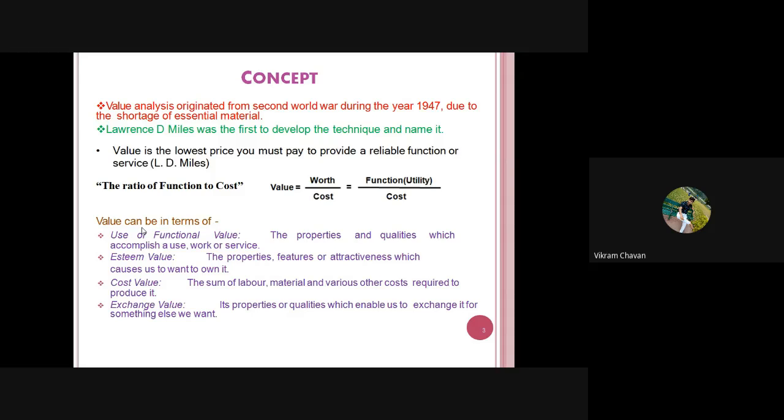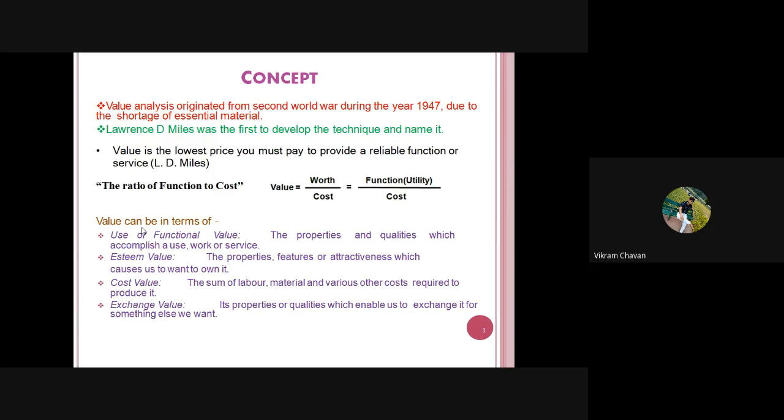If you take a flat on rent and pay monthly, that service is also functional value. If you take a VMC machine, CNC machine, or lathe machine on rent and pay for it, that is also functional value.